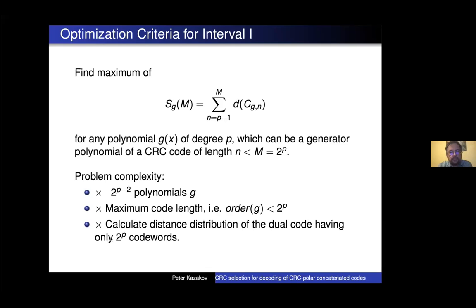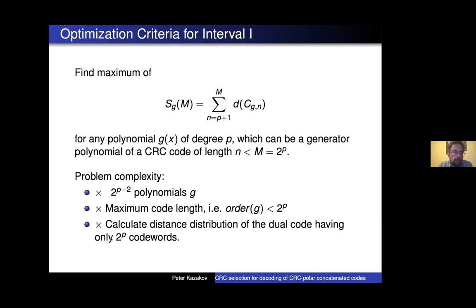And here is an example where the interval is from p plus 1 to m. When we are trying to optimize on an interval, we are looking for the maximum of this SG.